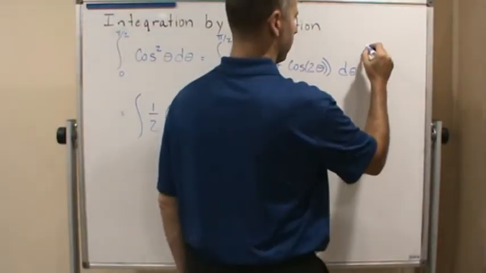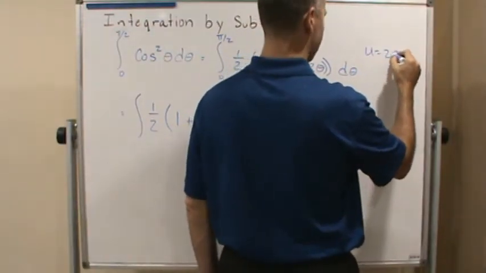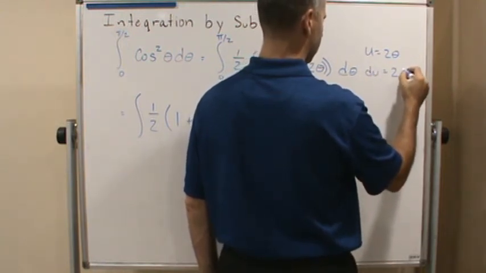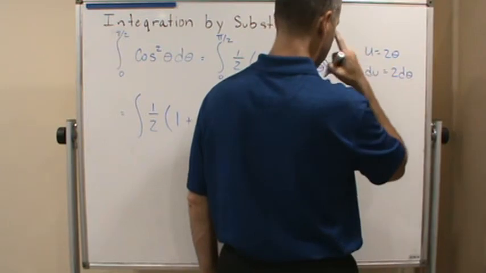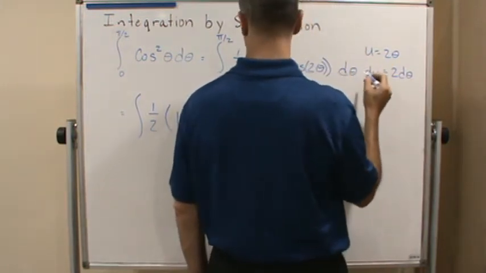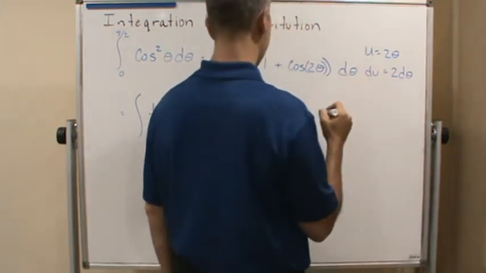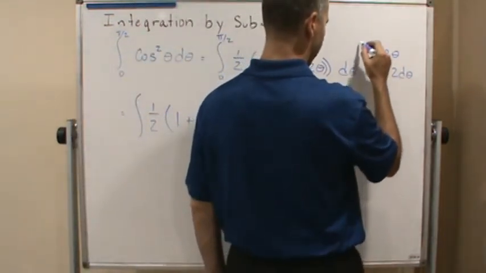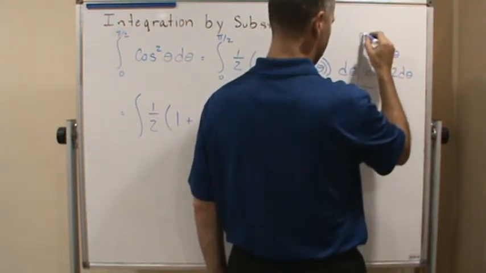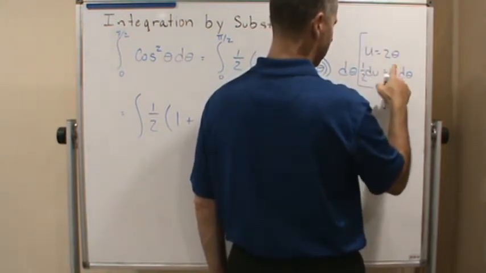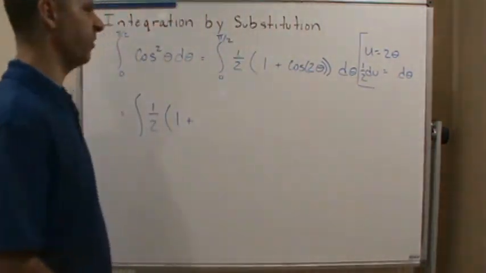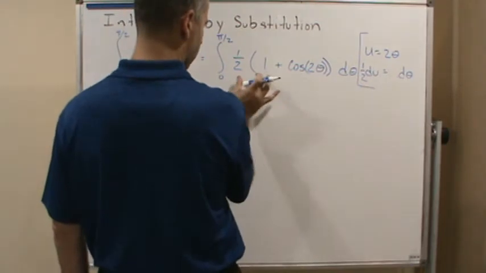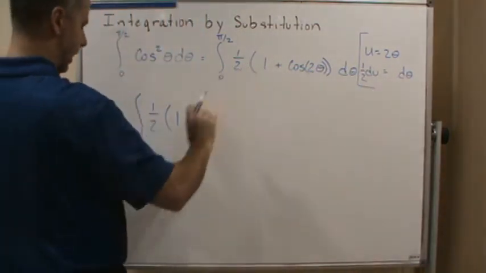Okay, so what we're going to do is make u equal to 2 theta, du equal to 2 d theta, and so then I'm going to multiply, so this is going to be 1/2 du equals d theta. So what I'm going to do is distribute the 1/2 and break this up into 2 pieces.